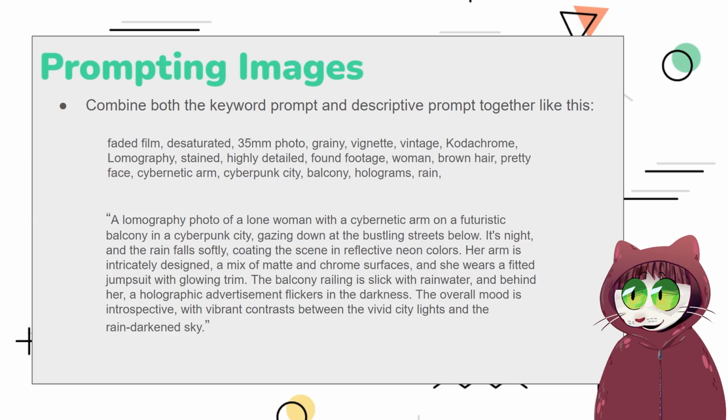So you see there at the top, we've got faded, film, desaturated, vignette, vintage, lumography, found footage, woman, brown hair, pretty face, cybernetic arm, cyberpunk city. And then the actual descriptive one says a lumography photo. So you can see how we're tying those keywords into the actual prompt that we're using and the context in which they actually exist. So we do that for the second part of the prompt.